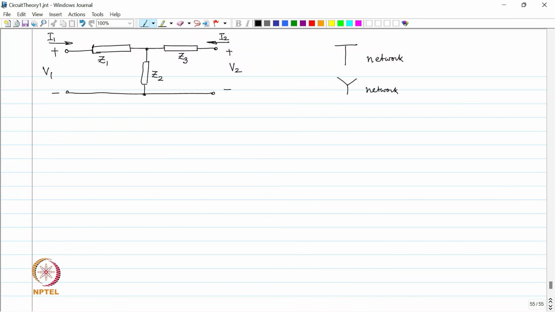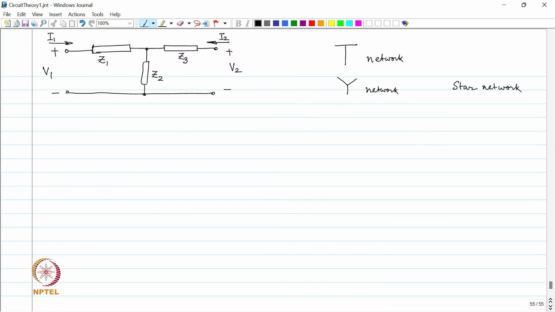But nevertheless, a lot of people call it a star. You have called it a star before, when you did some delta star at your coaching, right? Star, Y, T, all kinds of names.